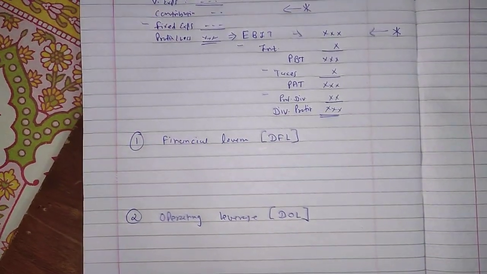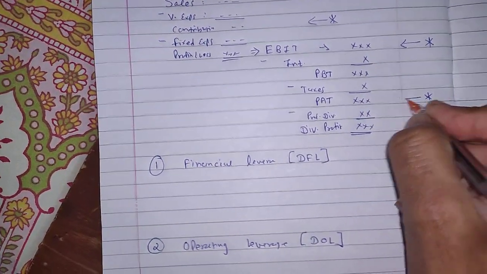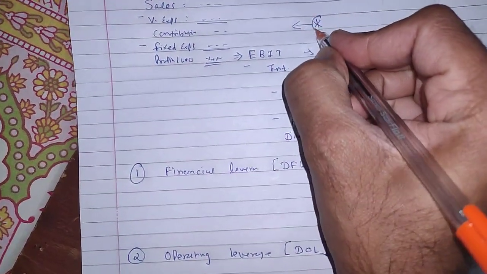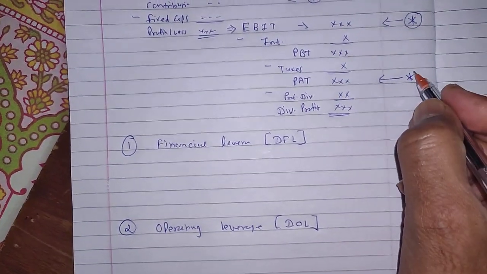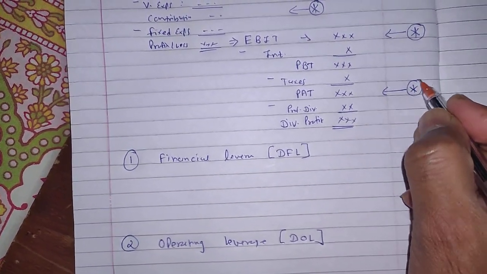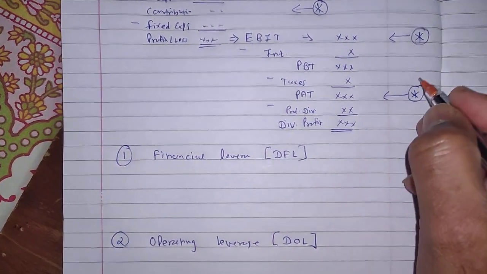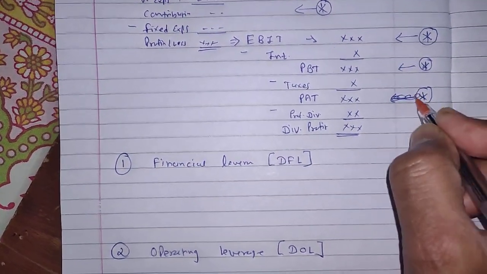We also know PBT as EBT, that is earning before taxes. Once again, contribution. Second, EBIT, that is profit. And third, EBT, earning before tax. I'm sorry, here I need to correct it. It is EBT, not PAT. I cancel it.